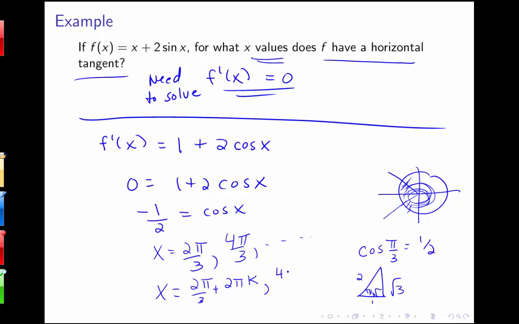And also at 4 pi thirds plus 2 pi k, for k an integer. Because we could subtract 2 pi or we could add 2 pi and we're still going to get to that same location. So that gives us all places where we'd have a horizontal tangent.